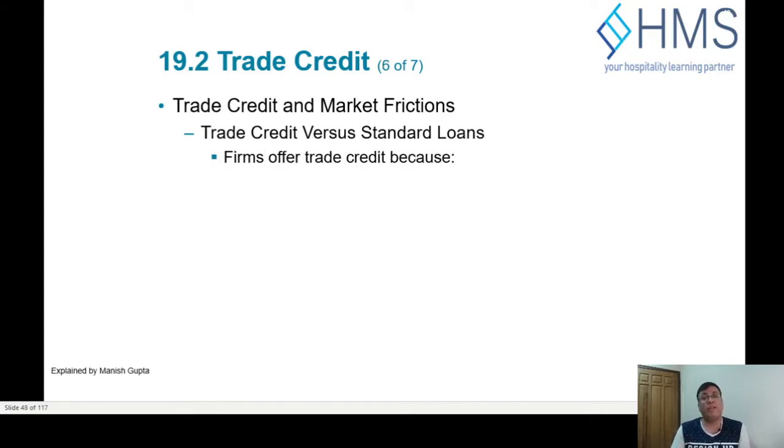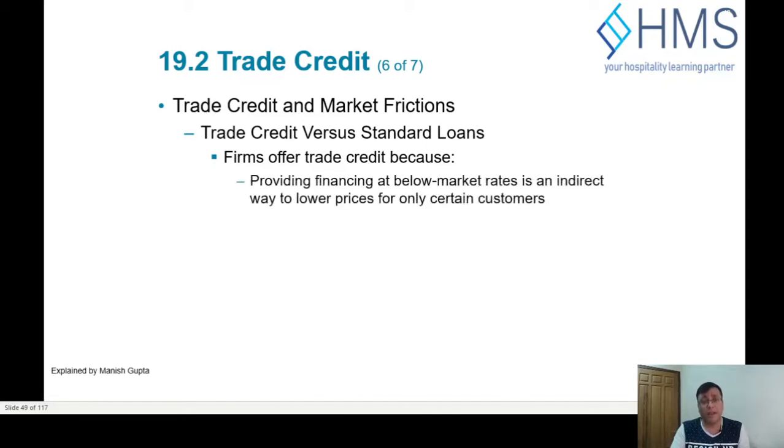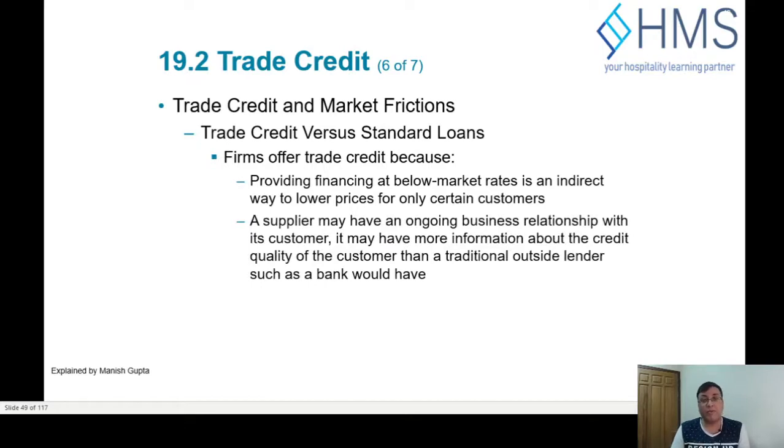Usually firms use trade credit because, compared to a secured loan, it's cheaper and faster to get, and there is an indirect way to give lower prices only to certain customers. Also, because of the business relationship and the long-term relationship, the companies understand and trust each other, so that's why they give credit.